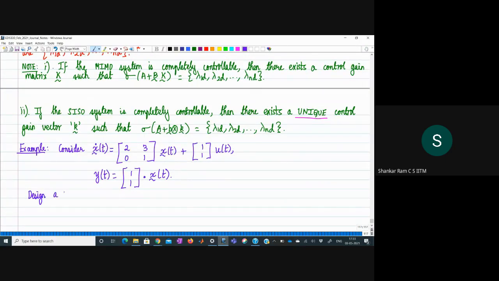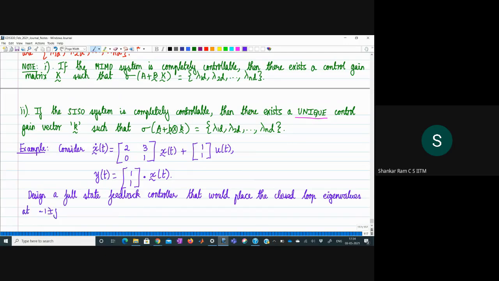We need to design a full state feedback controller that would place or locate the closed loop eigenvalues at -1 plus or minus j.